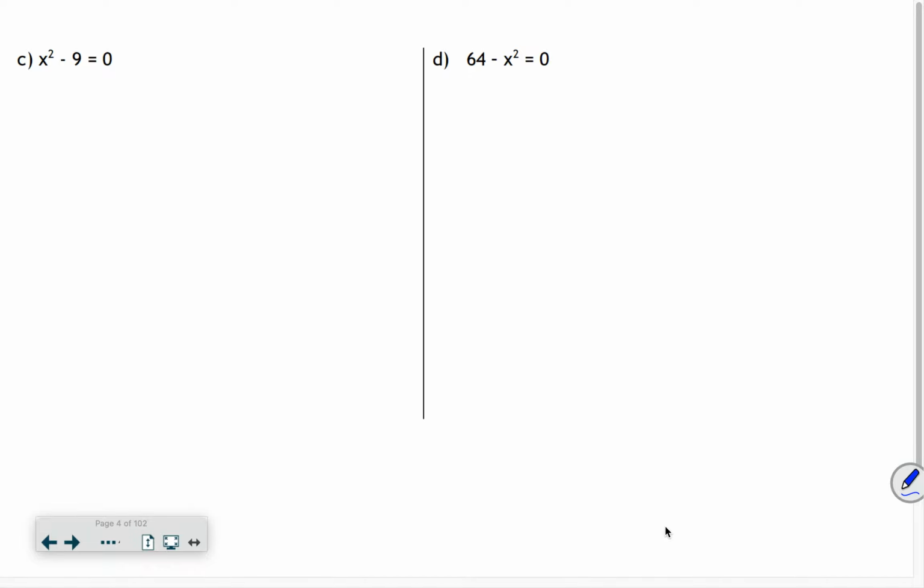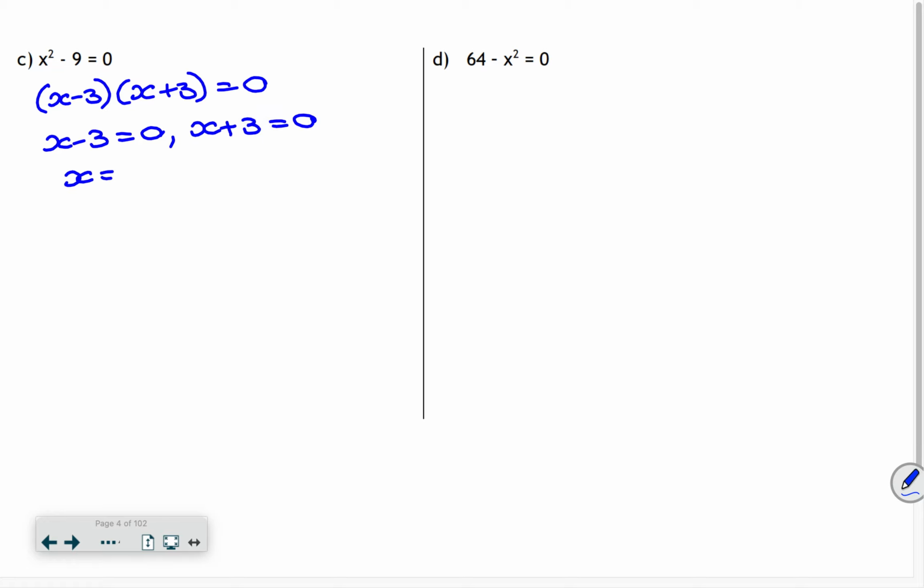So the first one is going to be x minus 3. The second one is going to be x plus 3. That's equal to 0. So it means that x minus 3 is equal to 0, or x plus 3 is equal to 0. So x is equal to 3, and x is equal to negative 3.